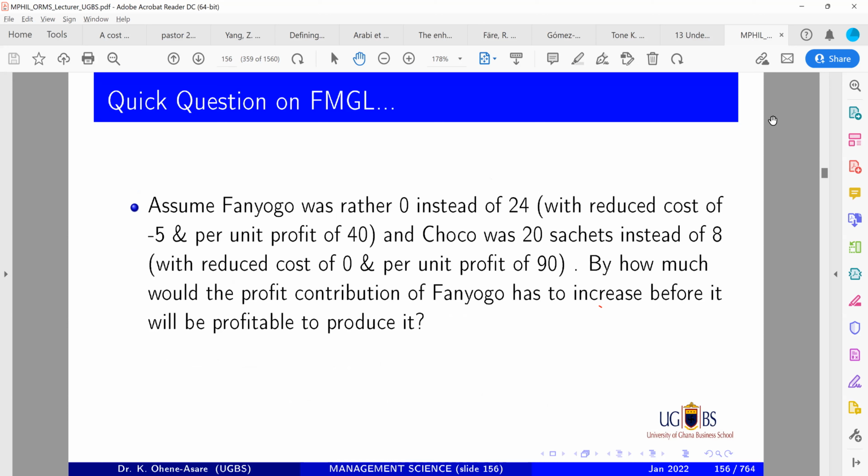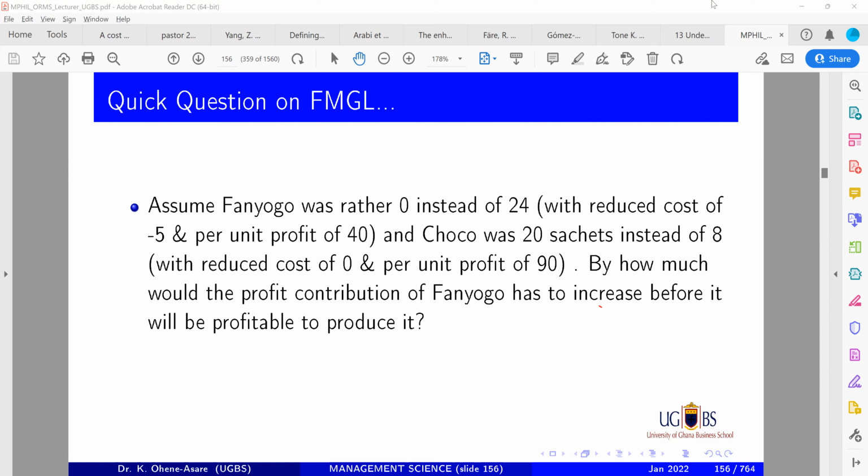At this stage, let me confuse you with the last of the Mohicans. This question is the deepest of all questions. So here is a story. Assume that fine yogurt was rather 0 instead of 24. The amount of sachet of fine yogurt I produced was rather 0 instead of 24.